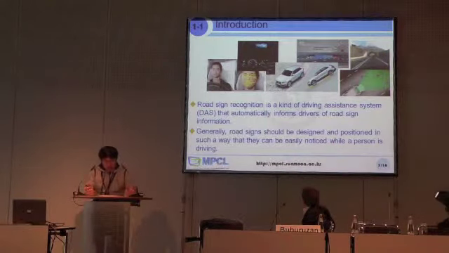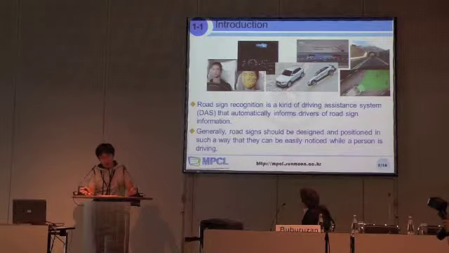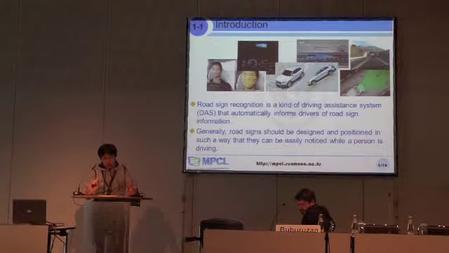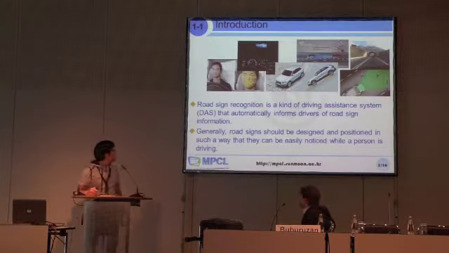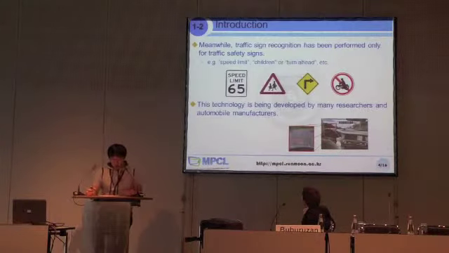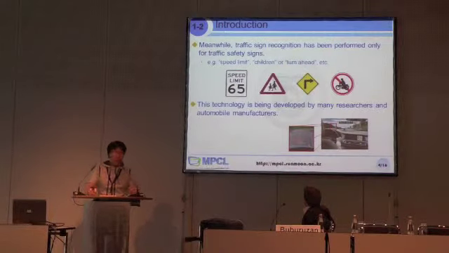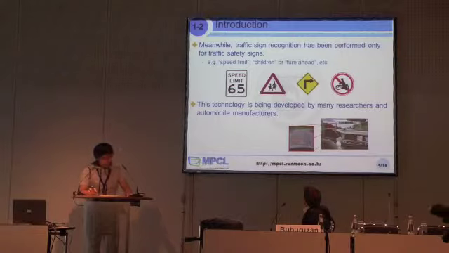Road sign detection is a kind of driving assistance system that automatically informs the driver of road sign information. Generally, road signs should be designed and positioned in such a way. Meanwhile, traffic sign recognition has been performed only for traffic safety signs. Speed limit, children or tunnel ahead, and other signs are examples of traffic safety signs.